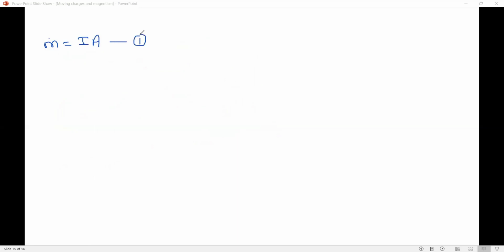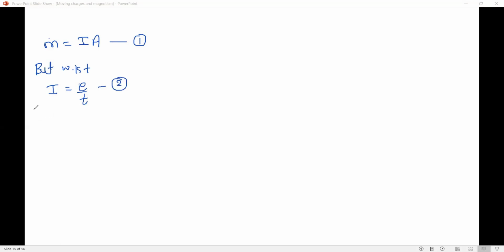So this is our equation 1. Now we know that current is equal to charge by time. But here we have considered an electron, so instead of charge I'll take the charge of the electron, that is e by T. So I is equal to e divided by T. This is my equation 2.